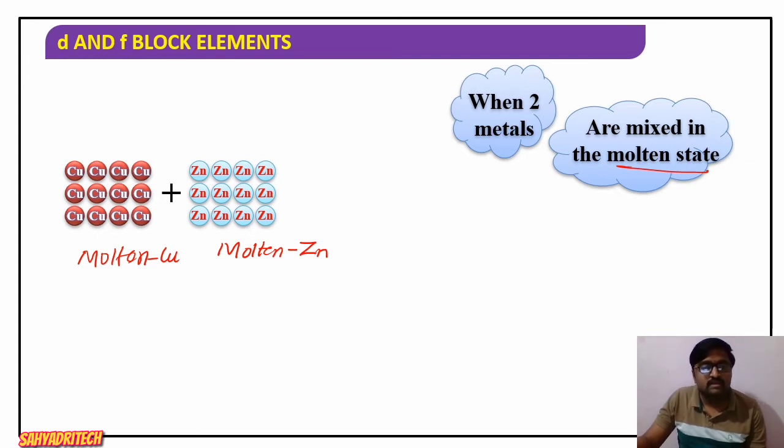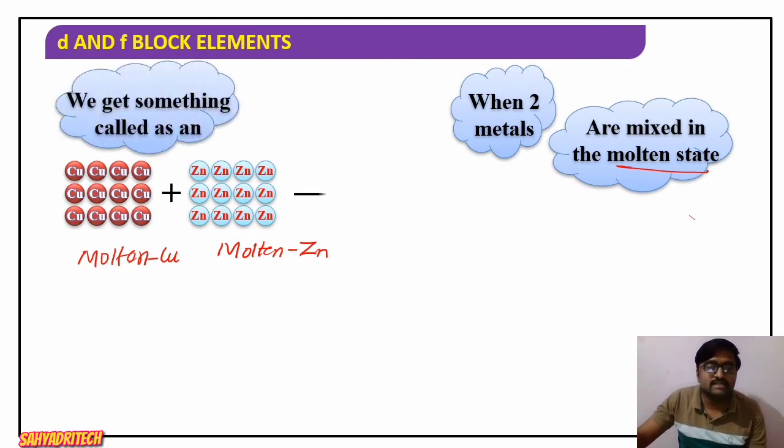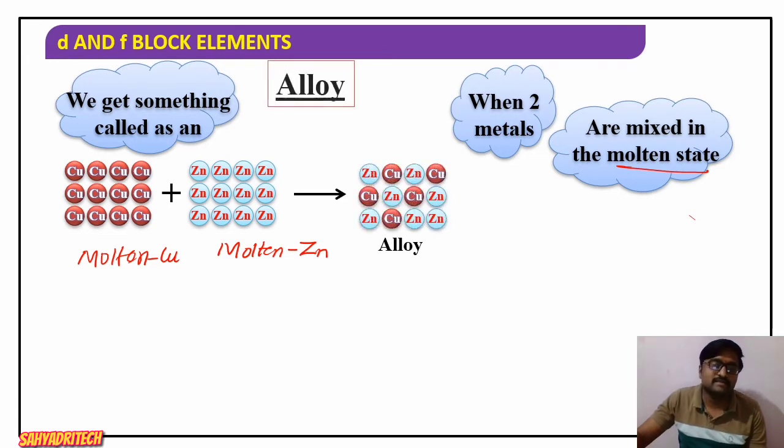In another vessel zinc pieces are heated to get molten zinc. Now we mix them. When two molten metals are mixed, what is the resultant? We get something called alloys. So when two metals are mixed in a molten state, the resultant compounds formed are called alloys.